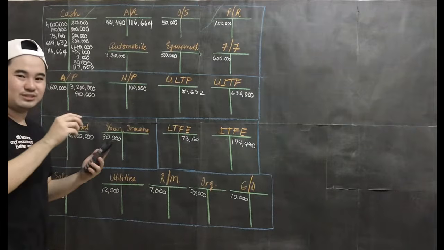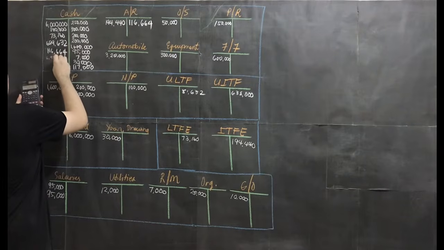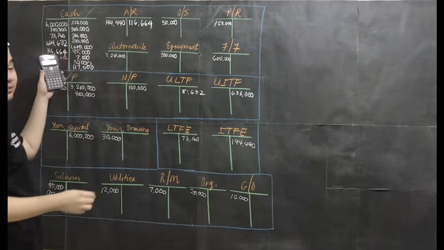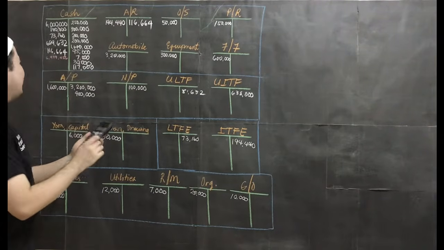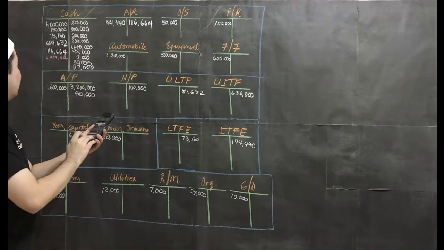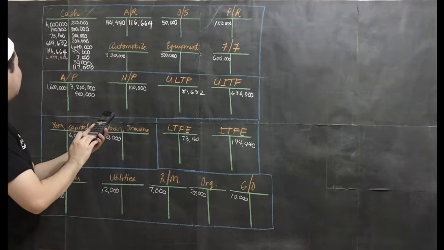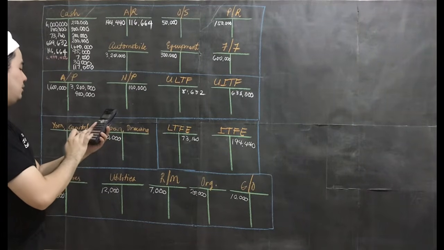I'll write that small on the debit side. 6,979,456. This is not yet the balance, because we still have to check the credit. Now I'll total all of the credit: 250,000 plus 300,000 plus 200,000 plus 200,000 plus 1,600,000 plus 95,000 plus 7,000 plus 30,000 plus 117,000.